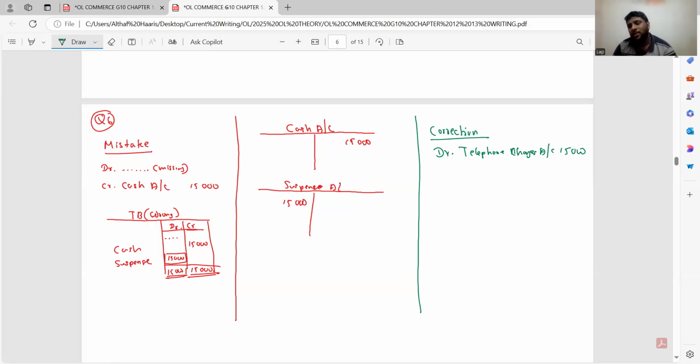For which account are you going to credit that 15,000? We debited, and we recorded properly in the telephone charges account. We properly recorded the 15,000. But accounting means double entry, so you have to credit it to the suspense.